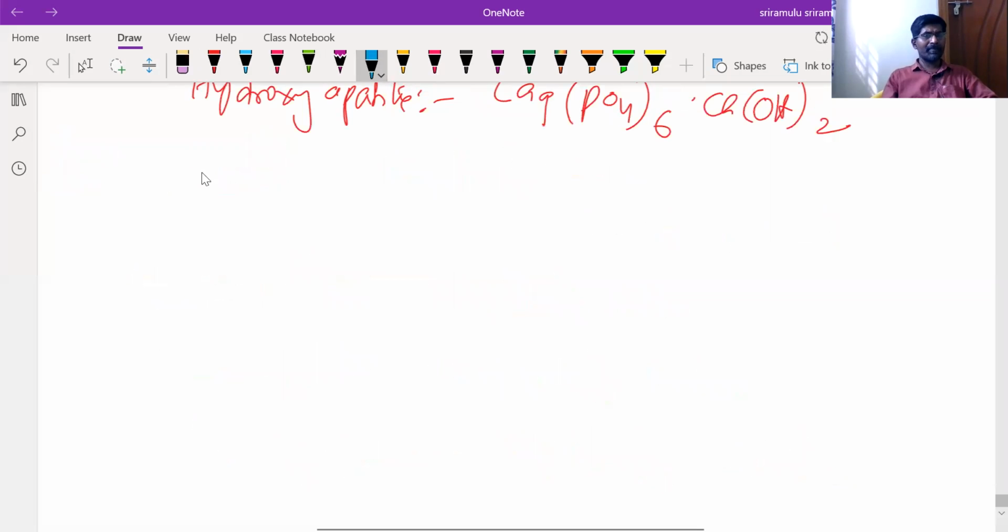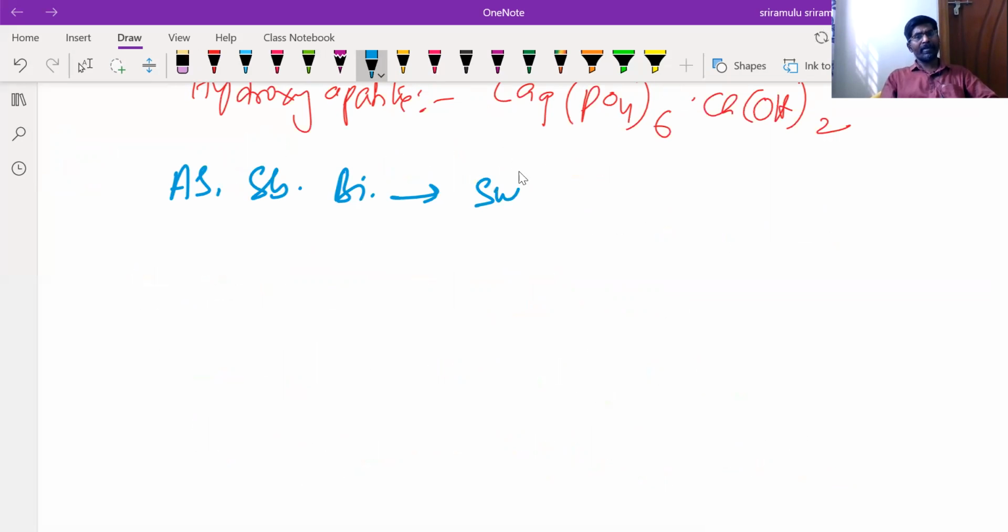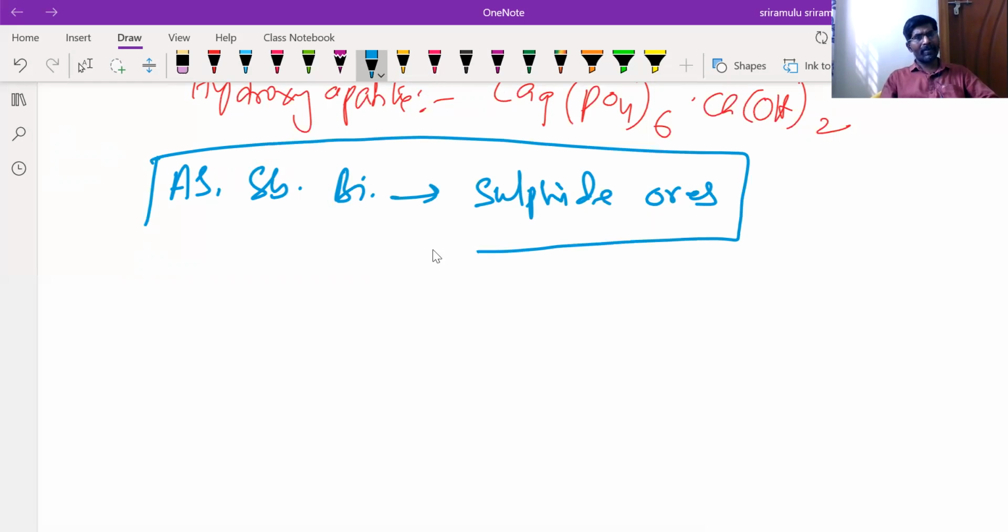Arsenic, antimony, and bismuth are present in the form of sulfide ores. Students, these are obtained as sulfide ores. This is the occurrence of the fifth A group elements.